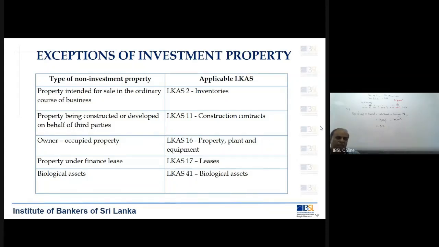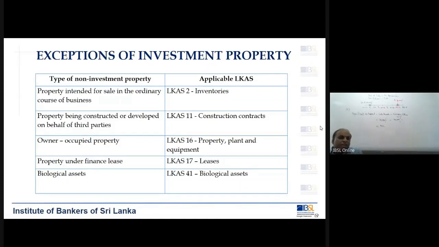Then there is another exception, which is property being constructed or developed on behalf of third parties. Say, for example, you are a contractor constructing a property for somebody else's requirement. That is also not considered investment property because it is covered under a separate standard, LKS 11, construction contracts. Then, of course, owner-occupied property is LKS 16, which is what we learned.